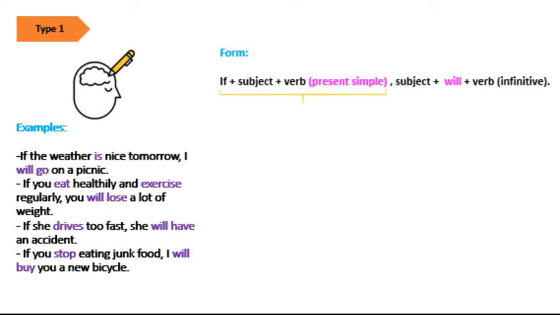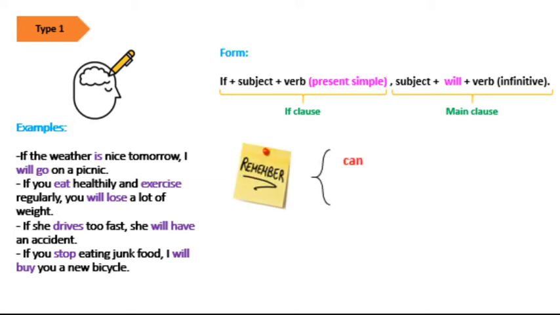So here's the form. If plus subject plus verb in the present simple, this is for the if clause. And for the result clause, we have subject plus will plus verb in the infinitive form or the base form. Okay, we can also use can and may.